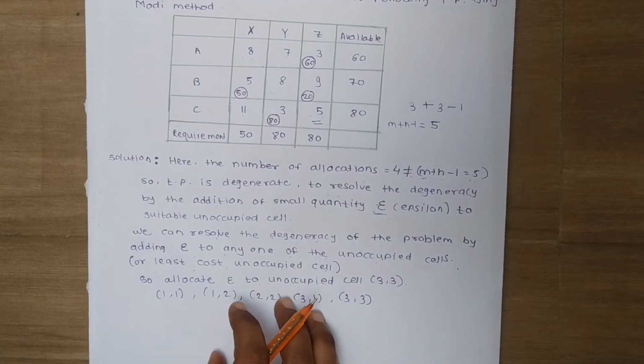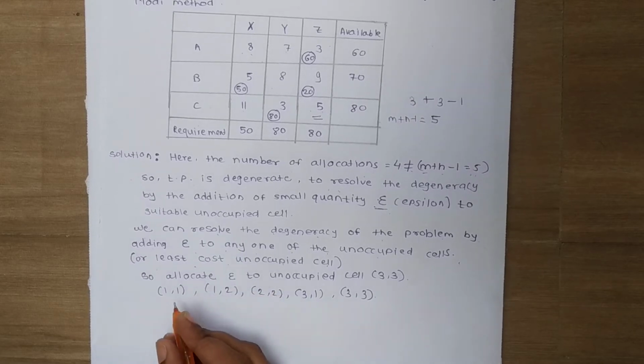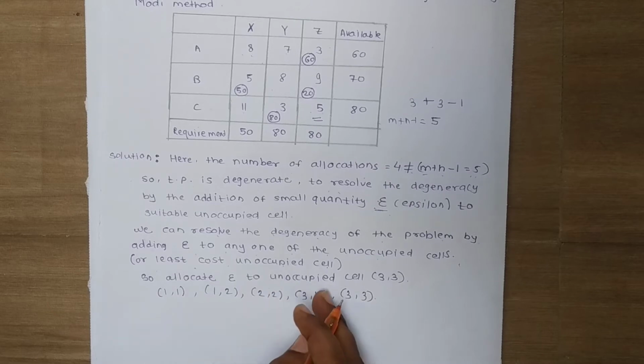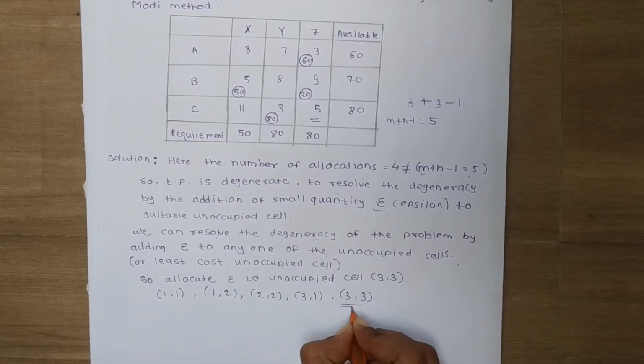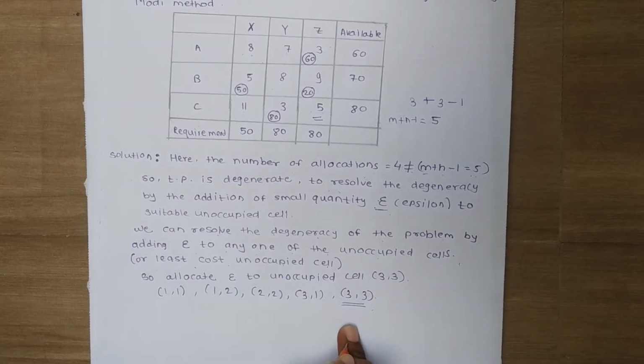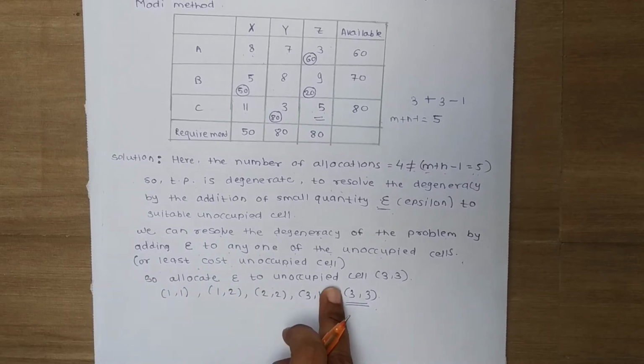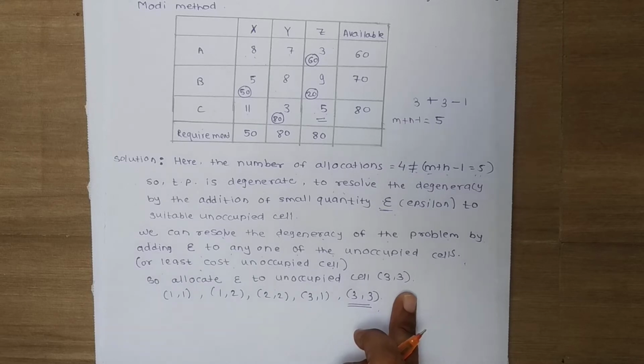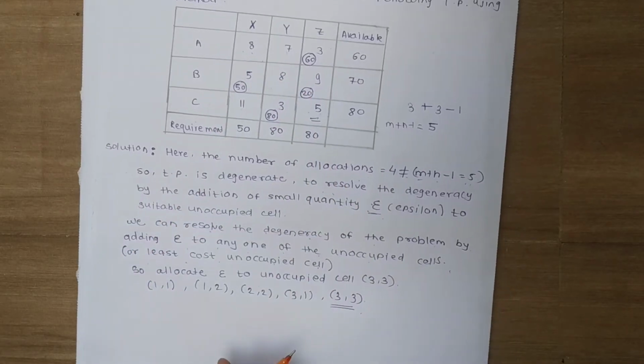So we allocate epsilon to the least cost independent unoccupied cell 3, 3. So we allocate epsilon to unoccupied cell 3, 3.